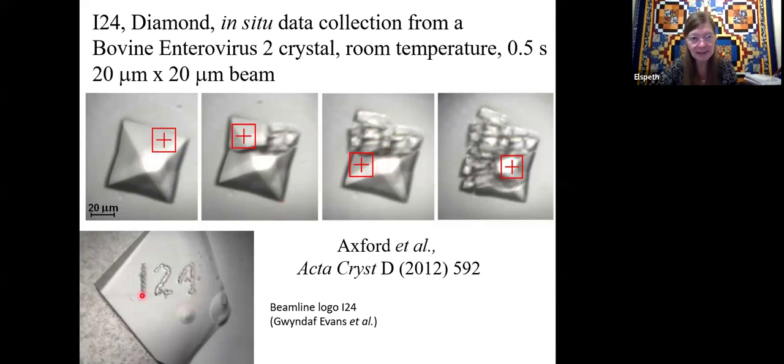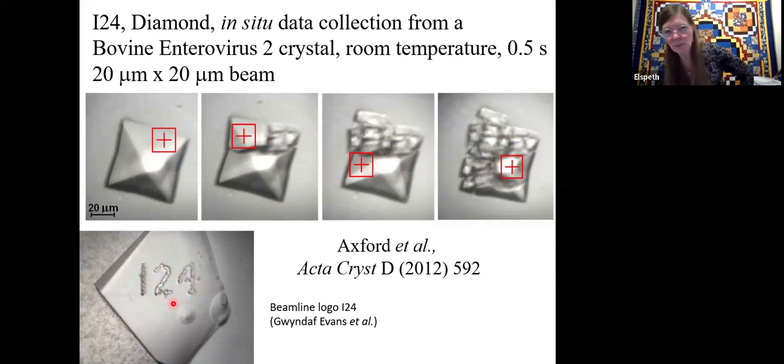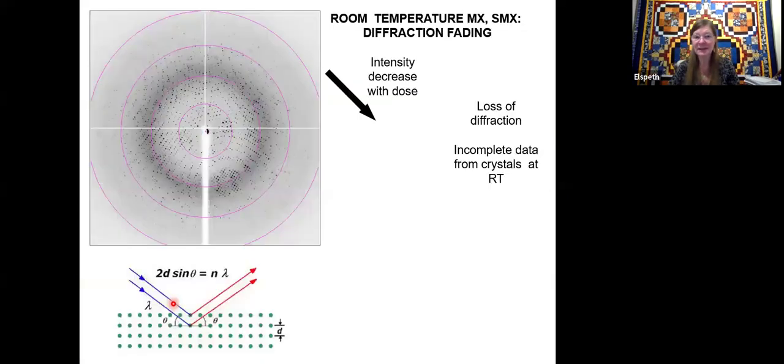And you can see here the radiation damage to this crystal, which apparently was about 100 microns. You can see that they actually managed to etch their beamline number onto the crystal. Now, this is not diffraction, and it's not what we want to happen. So this is a sign of the radiation damage.